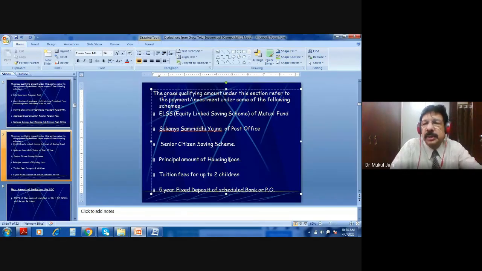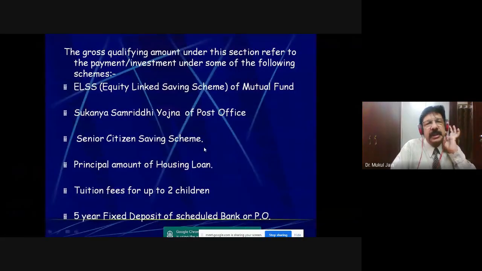ELSS of mutual fund. There are hundreds of schemes of mutual fund, but specifically if somebody invests in ELSS, equity linked savings scheme of mutual fund, then if you have invested in this scheme, this also comes under section 80C.